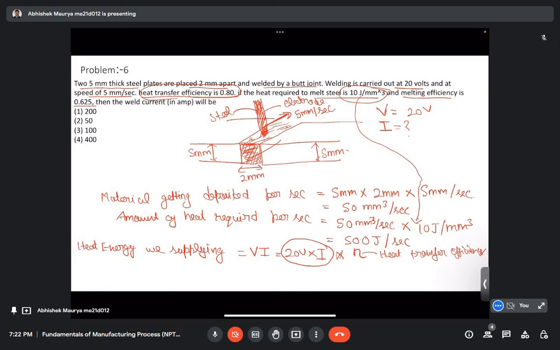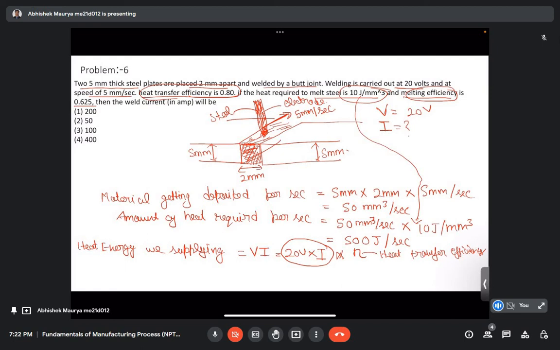And even after the energy gets transferred to the workpiece, the whole energy will not get utilized for melting. Therefore we are given a melting efficiency, 0.625.